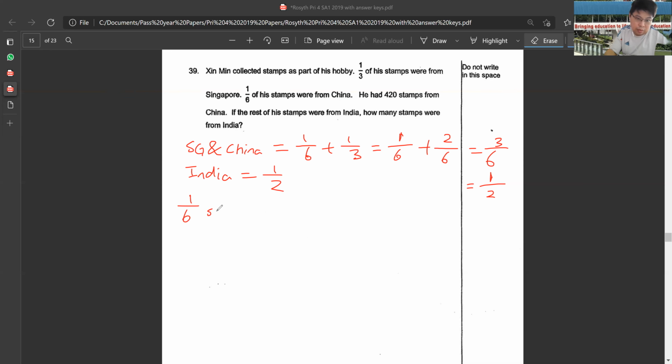It's not 1660, it's 1260. Okay, India is 1260.